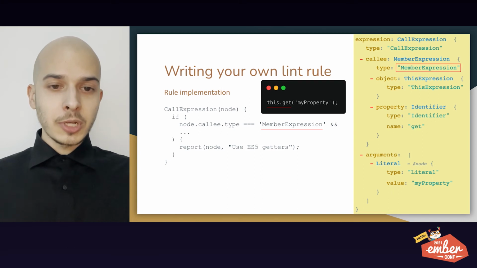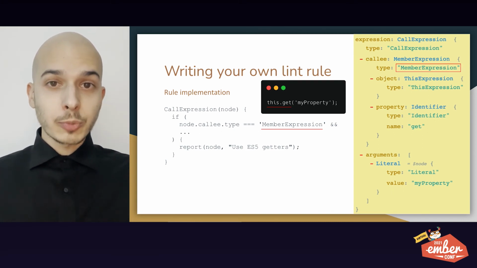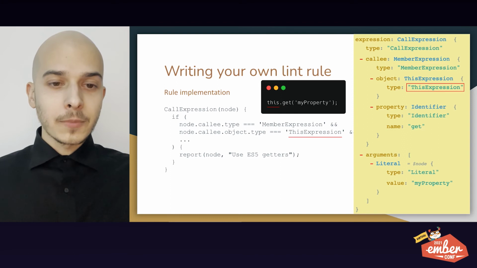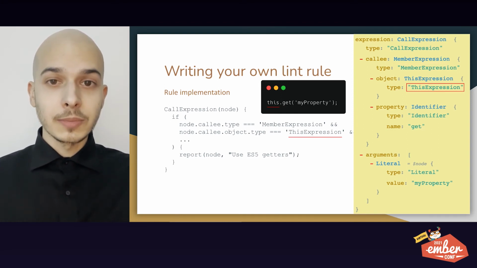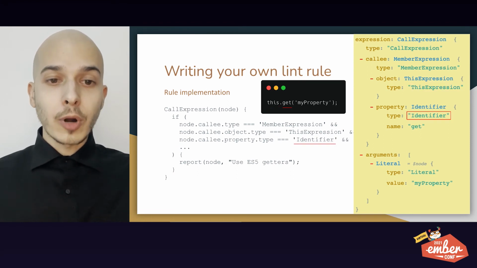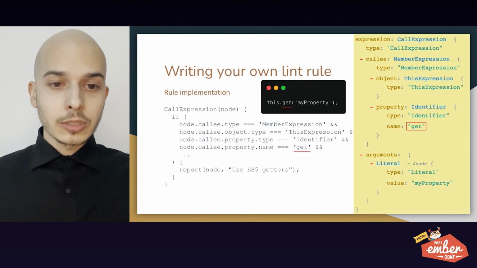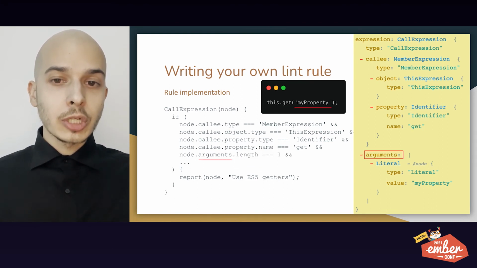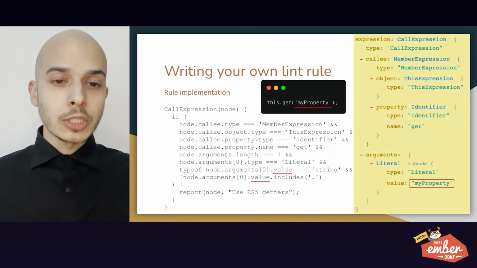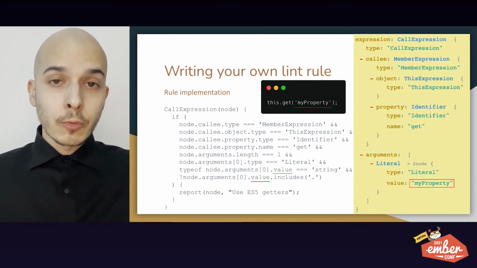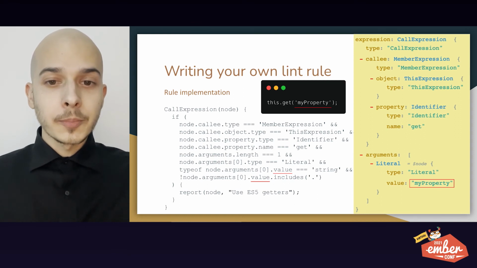So inside this if statement, I'm first going to check for a member expression as we saw before. On the left side, or the object side of that member expression, I'm going to check for a this expression. And on the right side, or the property side, I'm going to check for an identifier named get, and then a single function call argument, which is of type literal, and that is a string that does not include a period, because for now we're ignoring nested property paths.